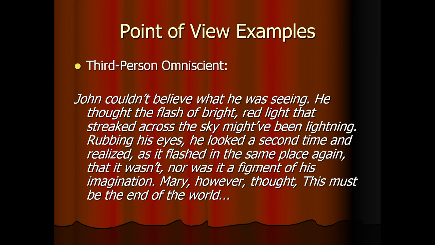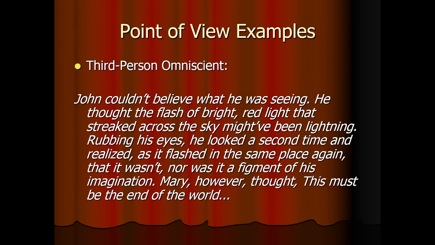Let's look at this example. This would be third person omniscient. So it's all knowing, which means we're going to get feelings and thoughts of different characters. John couldn't believe what he was seeing. He thought the flash of bright red light that streaked across the sky might have been lightning. Rubbing his eyes, he looked a second time and realized, as it flashed in the same place again, that it wasn't.